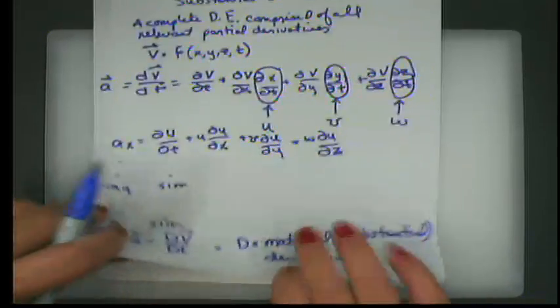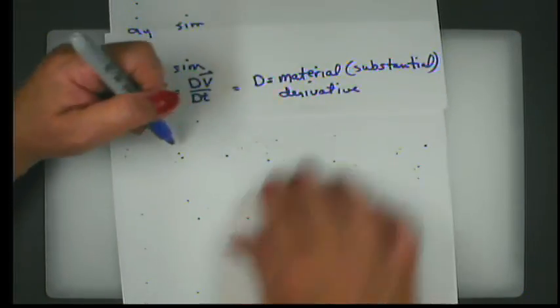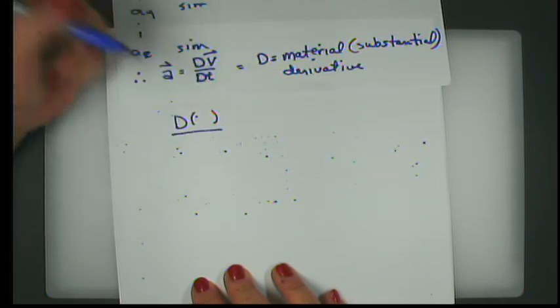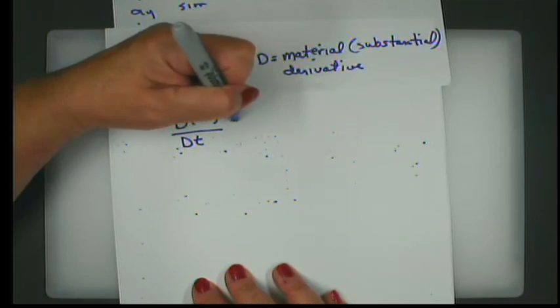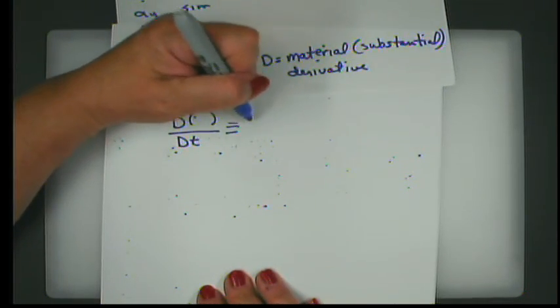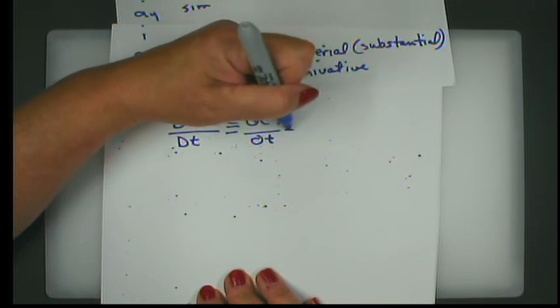So we can take a look at this, just continuing this discussion a little bit, and we can say that D of whatever our variable is with respect to time is defined as the sum of those partials. I'm just going to write this out once.